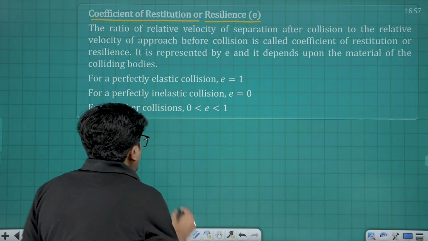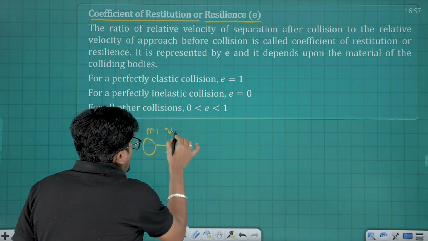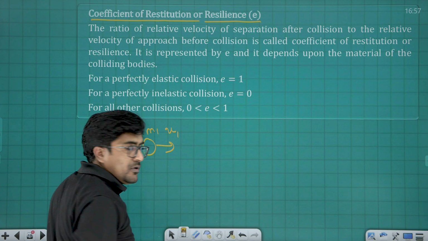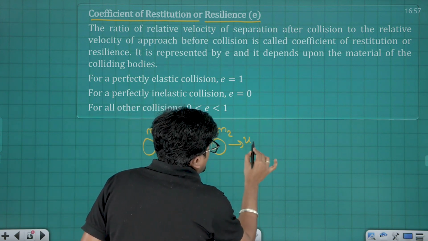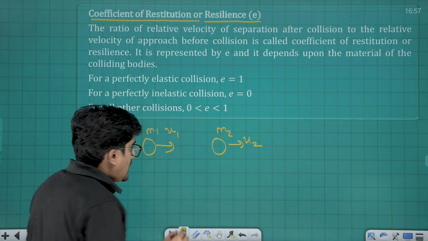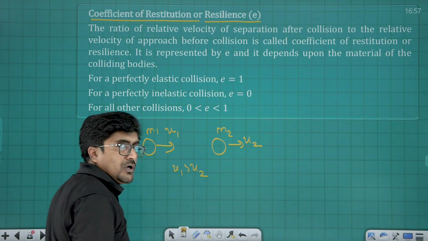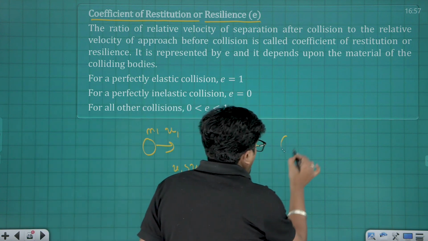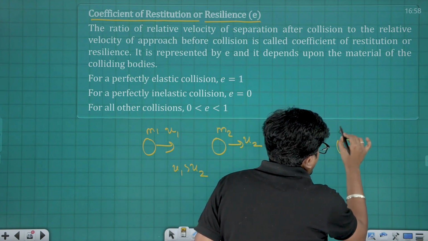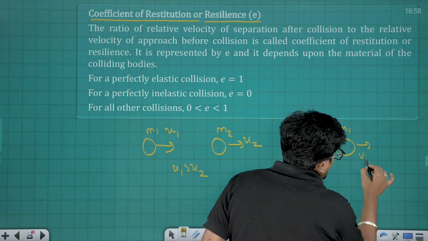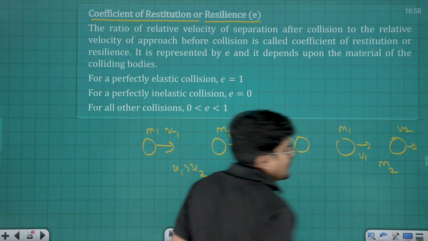So if there was a mass m1 coming with a speed of u1, and another mass m2 going with a velocity of u2, definitely u1 needs to be greater than u2, only then will a collision happen. At a particular moment the collision takes place, and after collision m1 is going with a speed of v1 and m2 with a speed of v2.